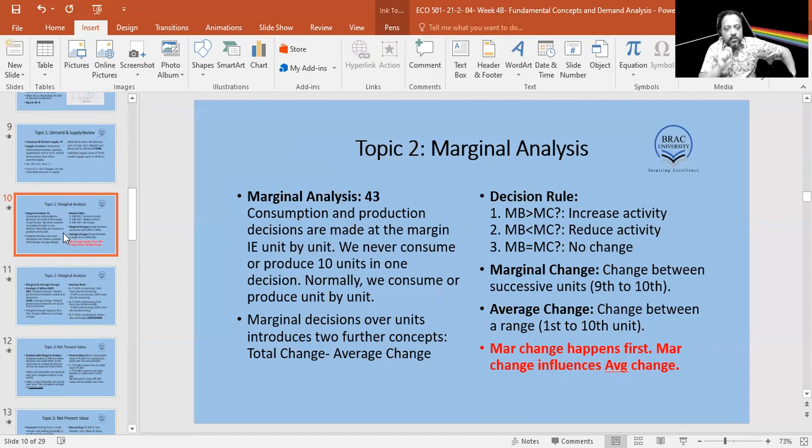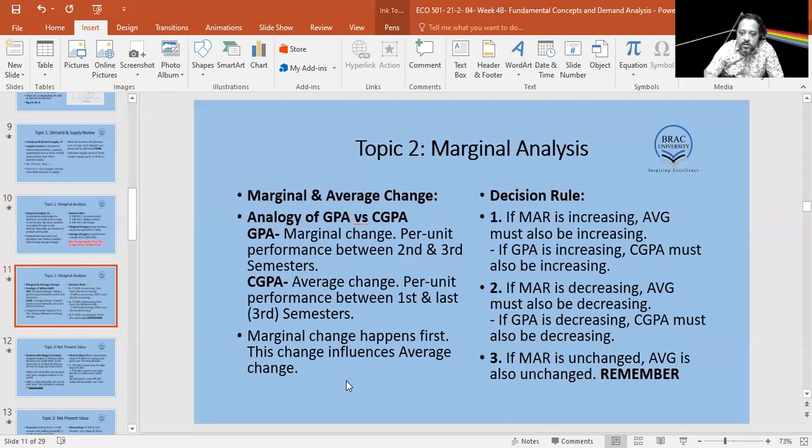Okay, and there is an average change at the same time. We have already discussed this, that the decision rule is if marginal is increasing, average must also be increasing. And we use the analogy of GPA and CGPA, where we define GPA as the marginal change that happens first. Then we can calculate CGPA, which is influenced by the marginal change.